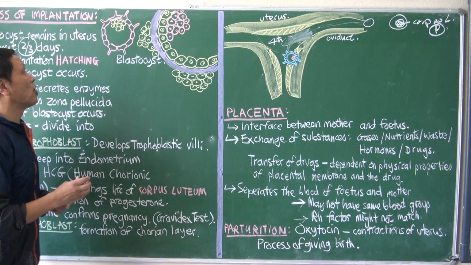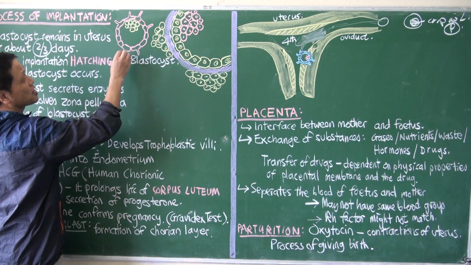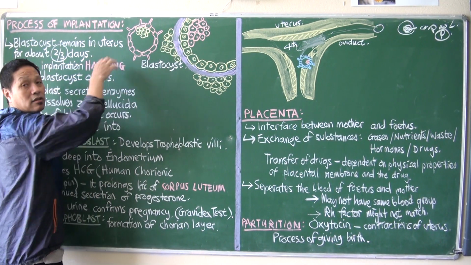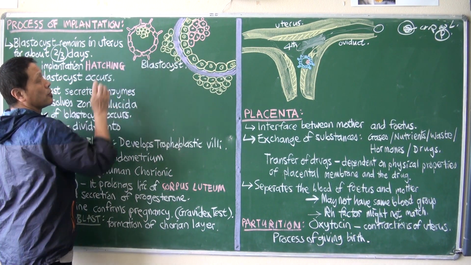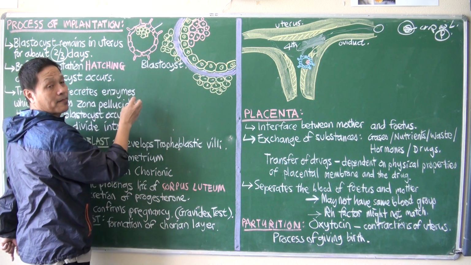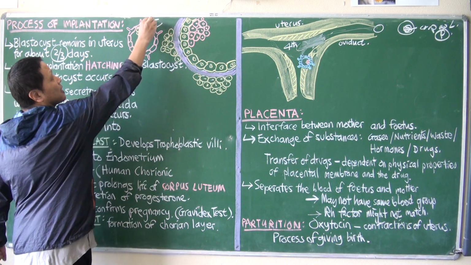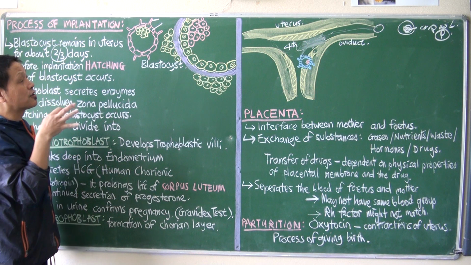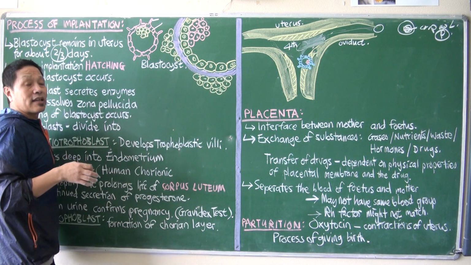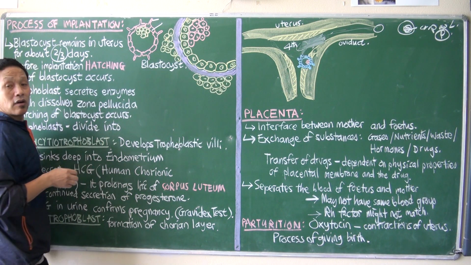I've often drawn a diagram like this to denote a blastocyst. It consists of the outermost circular layer of cells known as the trophoblast or trophoblastic cells, which contain the trophoblastic villi. These are the nails or pegs which help implant or embed the blastocyst on the walls of the uterus.